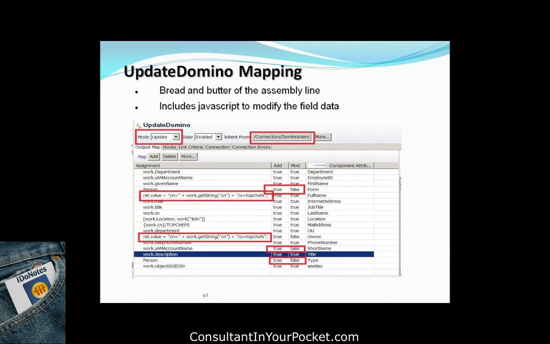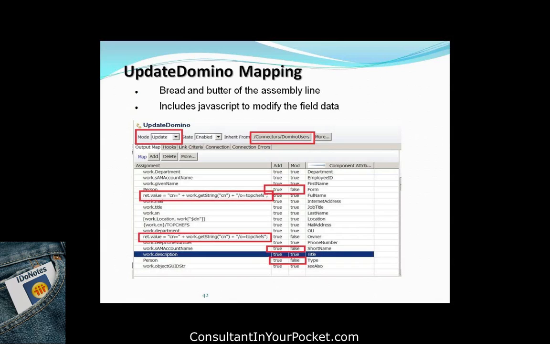Now, in the same connector, we're going to set up mapping, and this is the first time we've encountered mapping. What we want to do is, if any of these attributes in Active Directory have changed, we want to make sure that they're updated on the Domino side. But the formats are going to be different. For example, full name, we want to actually make some changes to that attribute.